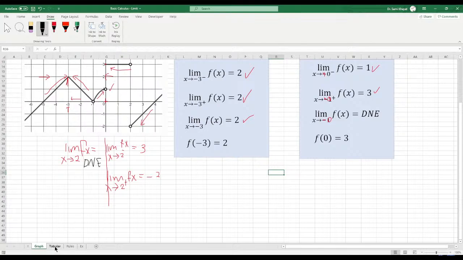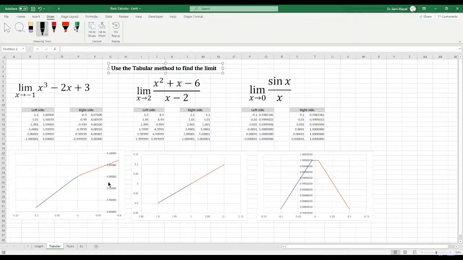What about if I have a written function? Okay, this is how to apply it. Let's start with this one.